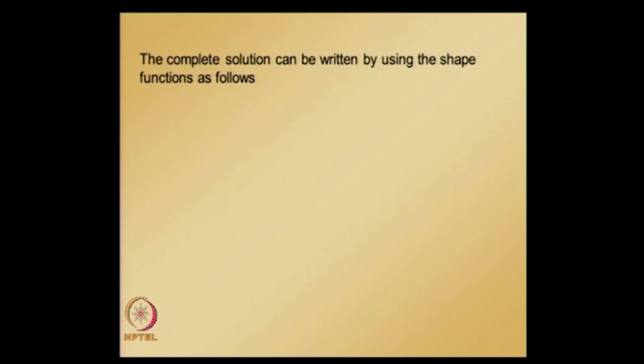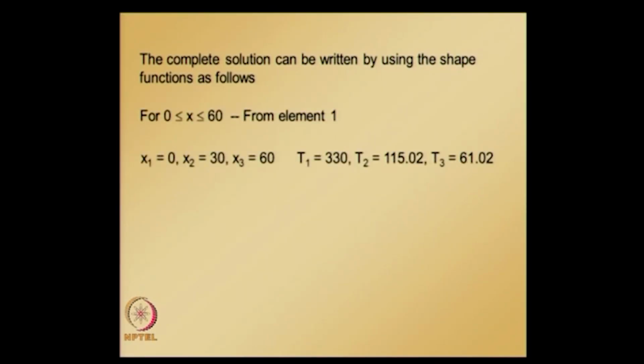Complete solution can be written by using shape functions. For element 1, which goes from 0 to 60, the corresponding nodal coordinates and temperatures are shown there. Temperatures we just obtained after solving the global equation system.